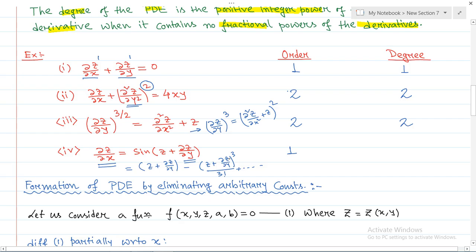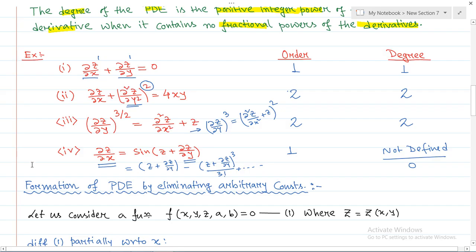This power will go up to infinity, but infinity cannot be treated as a positive integer because it does not have any fixed value. For such a case we have to write the degree either as not defined or as 0. This is the case whenever we have any kind of partial derivatives within a function.